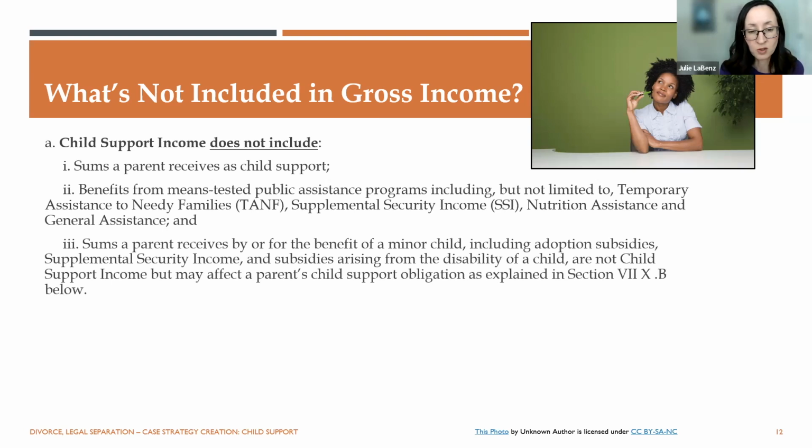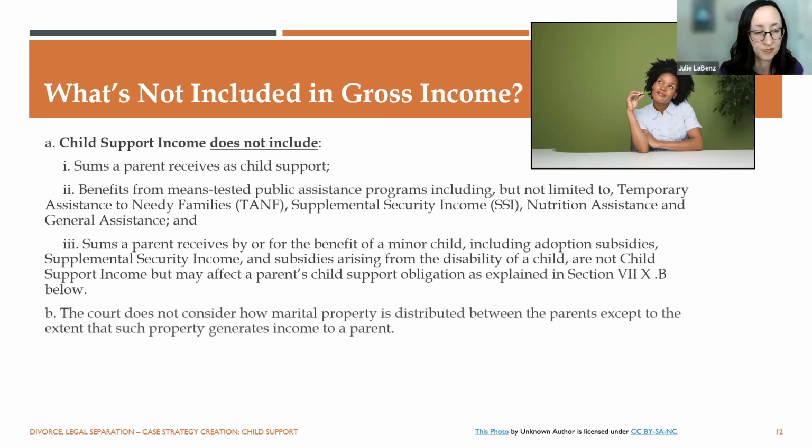Sums a parent receives by or for the benefit of a minor child, including adoption subsidies, Supplemental Security Income, and subsidies arising from the disability of a child, are not support income, but may affect a parent's support obligation, as explained in another section. So if you're in that situation, look at that additional section.